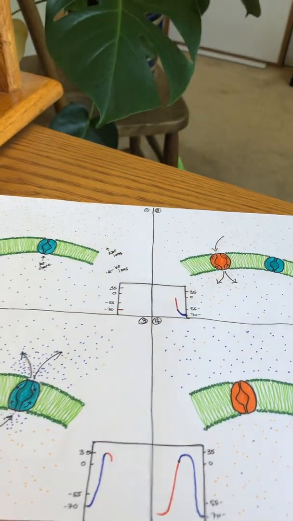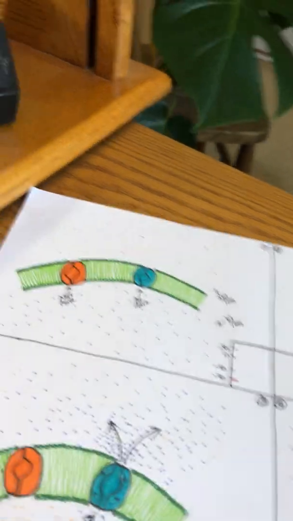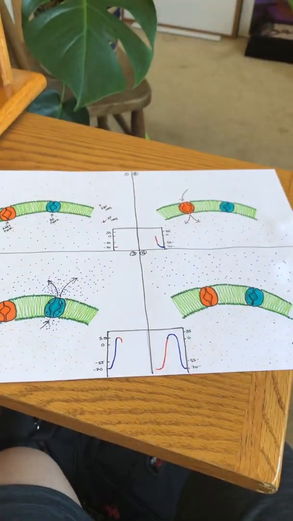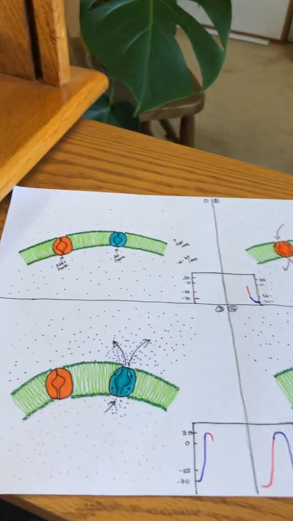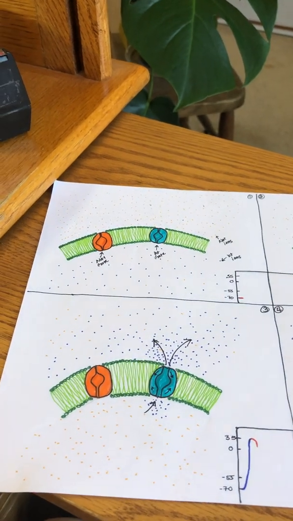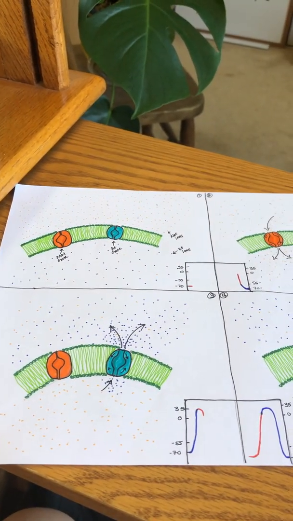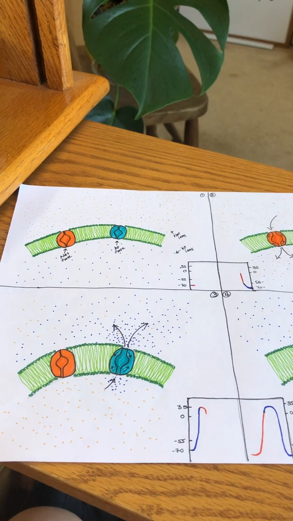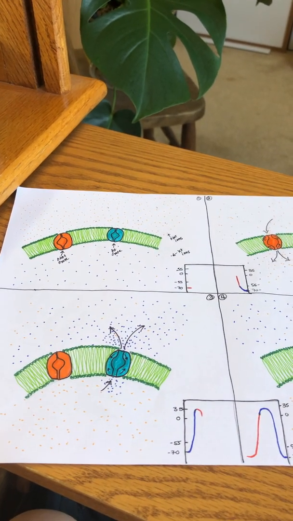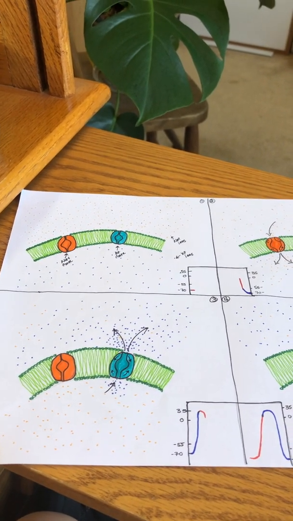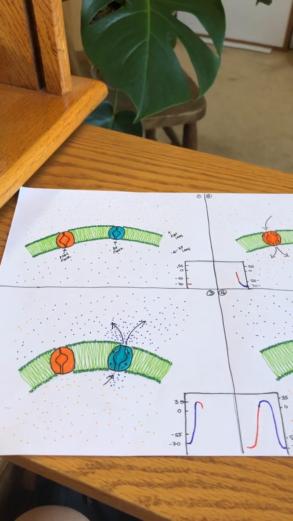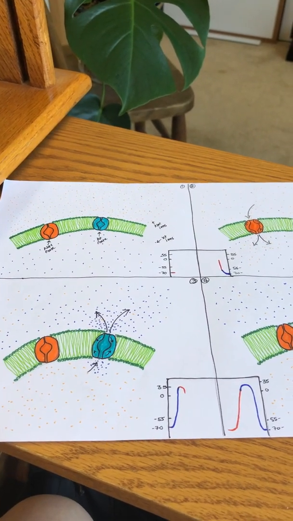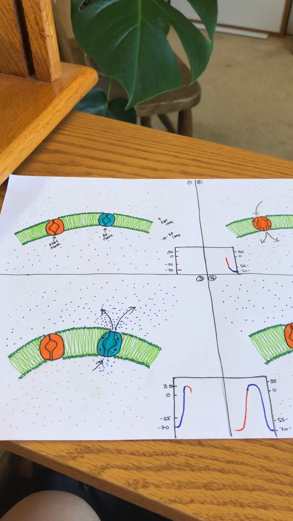Action potential. Action potential is when a local potential is strong enough to reach the axon hillock. The axon hillock has 7 to 10 times the number of sodium gates than the soma and dendrites do.